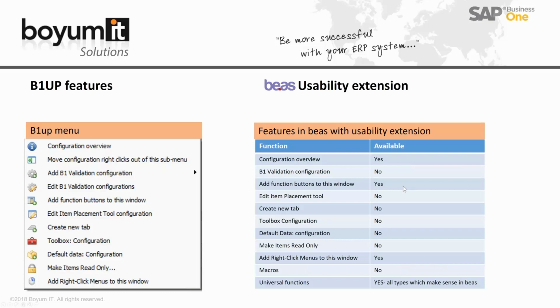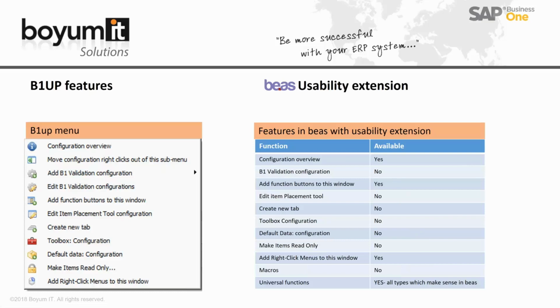You are able to create function buttons, and that's what our focus is today. And you can create universal functions. We have 4 right now available, which I will show you, okay? And you can create right click menus, okay? The other ones are not available yet, but I can tell you we are working on some more already.